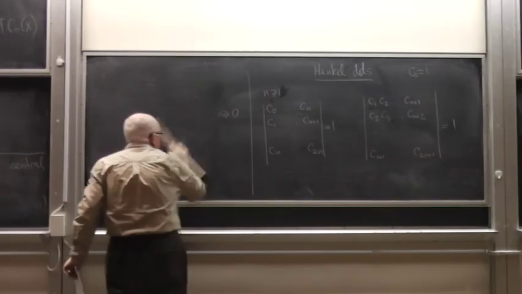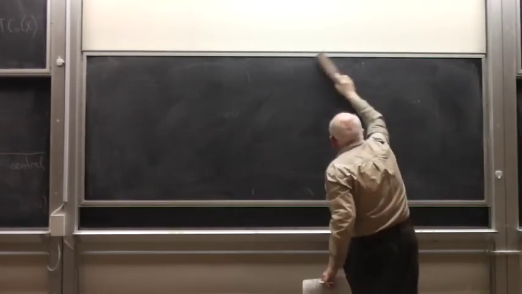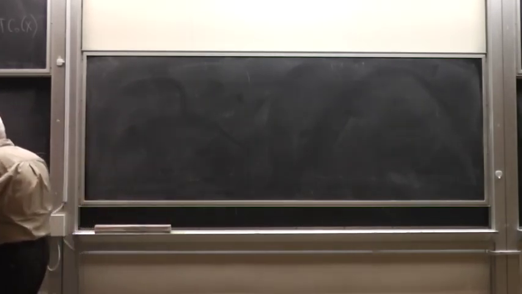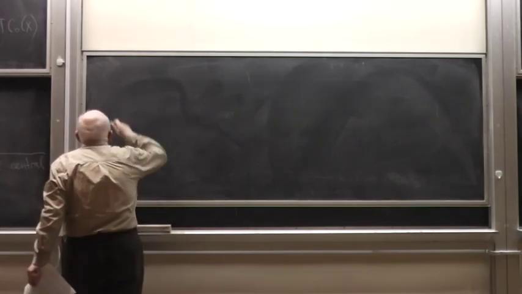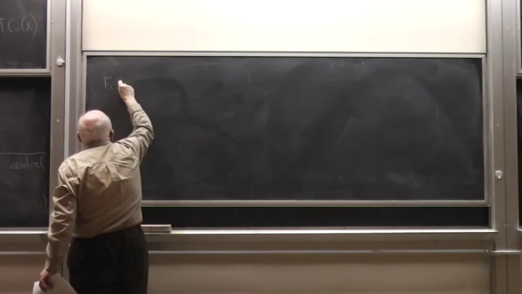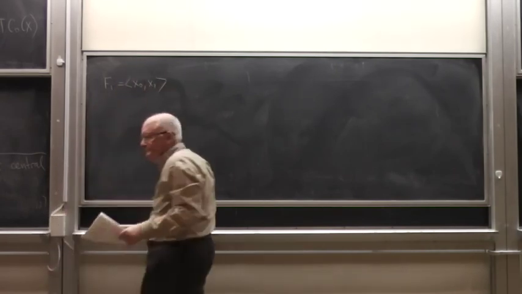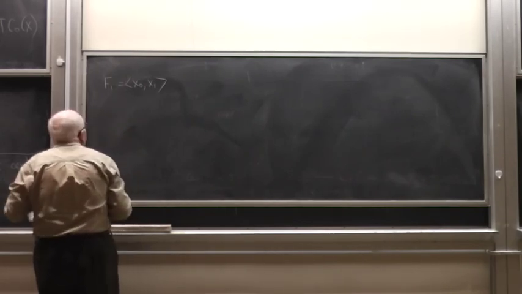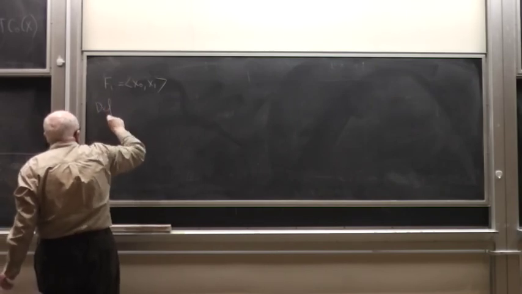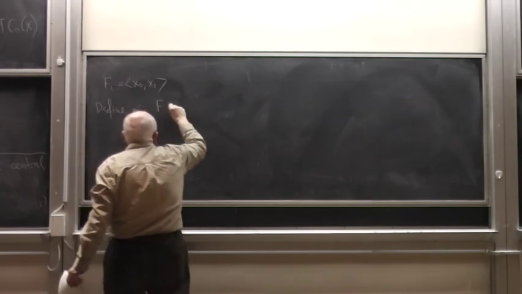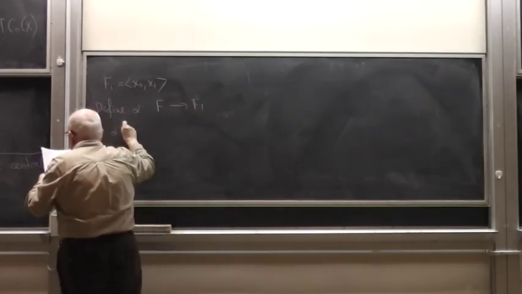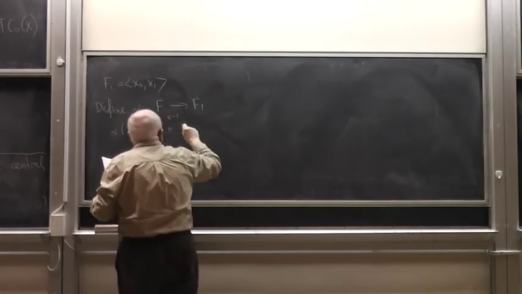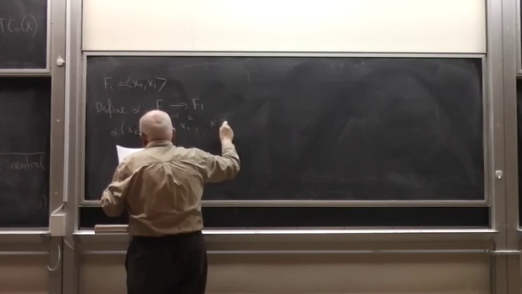I would like to discuss an interesting application of this. Let me recall that F1 is a free algebra generated just by x naught and x1. I will define the homomorphism alpha from F to F1 by the formula alpha of xk equals x naught to the k minus 1, x1 to the k, for k greater than 0.